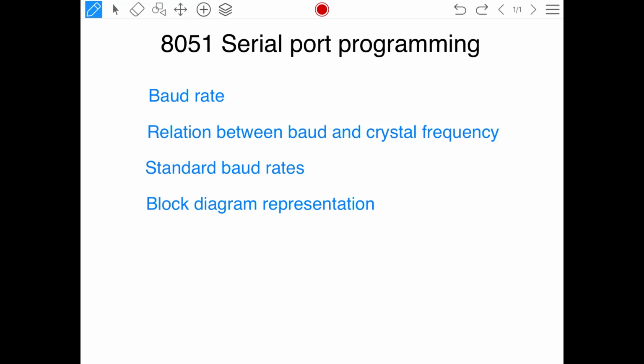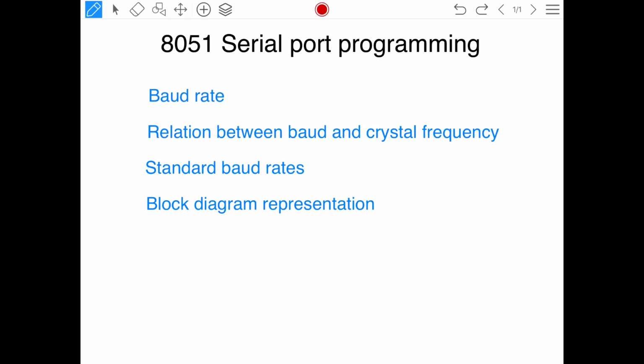Now there are four different standard baud rates that are widely used. These are frequently used but they are not a limitation. You can use other baud rates also. Next we will be seeing the block diagram representation of the serial port and baud rate relationship.